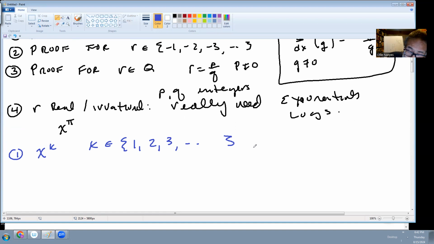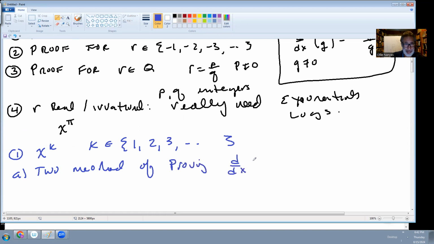I'm probably going to emphasize the binomial theorem version more, but let's do two methods of proving it for k with this restriction. The first method is math induction.